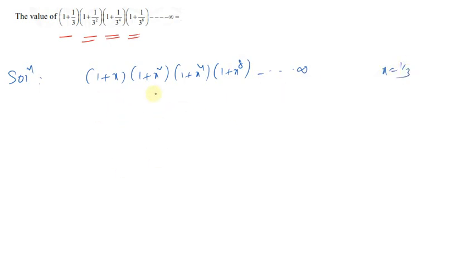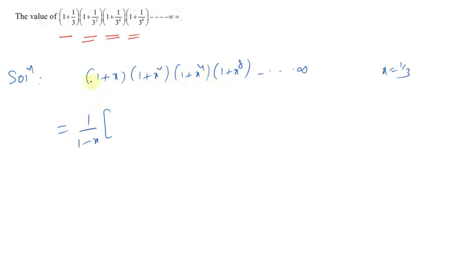See, for this type of series, what do we have to do? We have to multiply and divide by 1 minus x. Why? Because you can cumulatively express this expression.